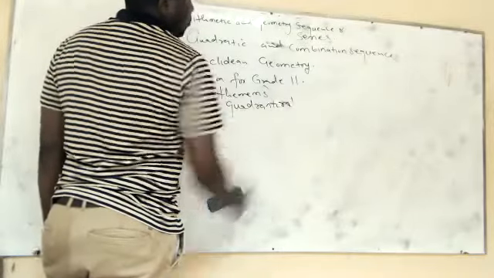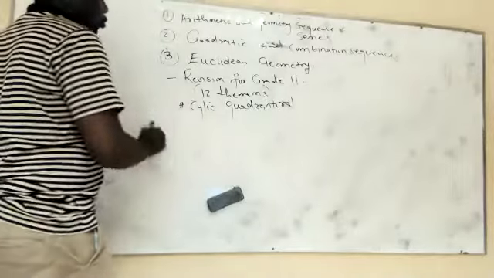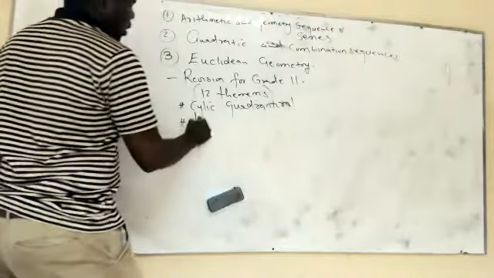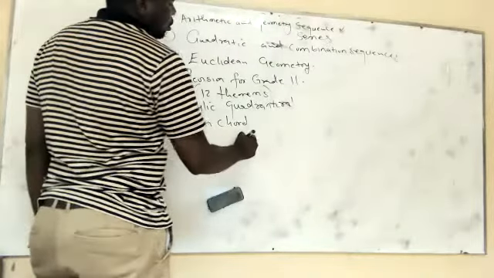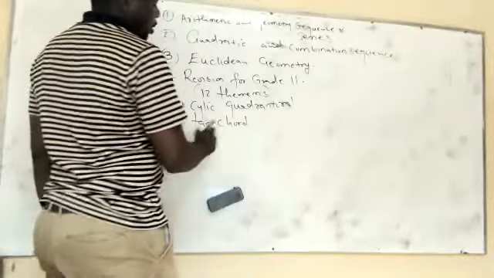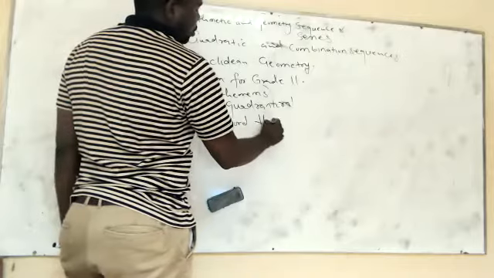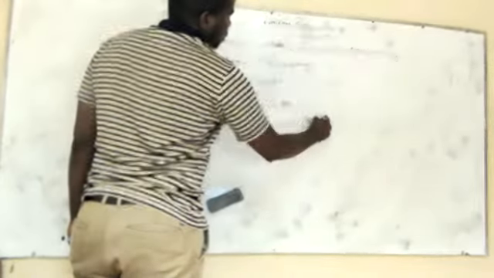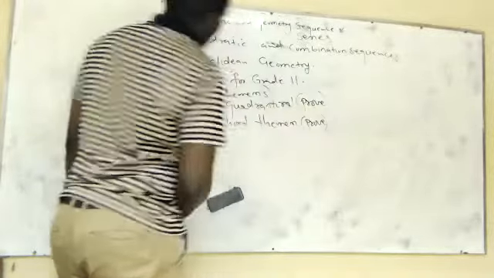I've done this proof with you last week, so you must make sure you know that proof, because it's very important. And then the second proof I've done with you is the theorem for the tangent chord. So the tangent chord theorem, we have done the proof of that as well.